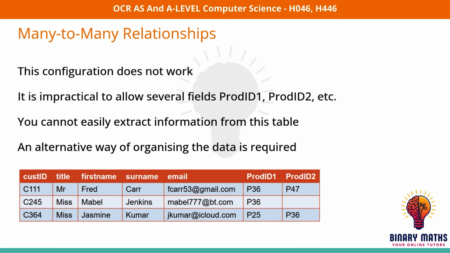Let's take another example. Imagine a gym database where you have a table for members and a table for classes. A member can attend many classes, and a class can have many members. To handle this, you'd create a linking table. Let's call it member classes, which records which members are attending which classes.